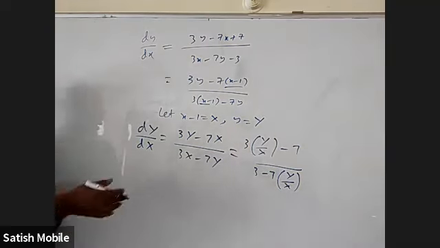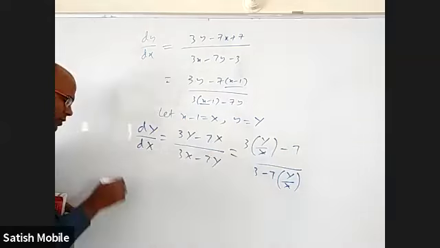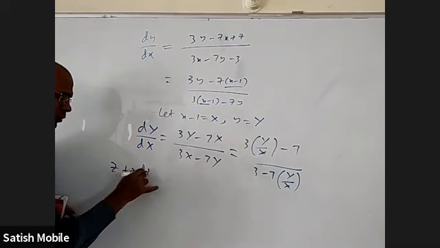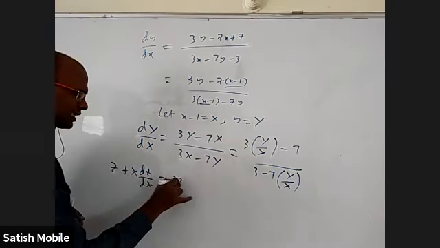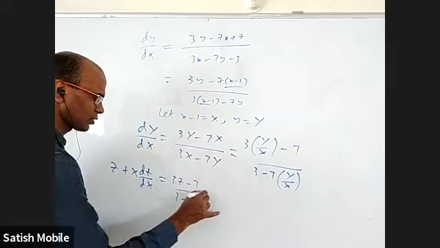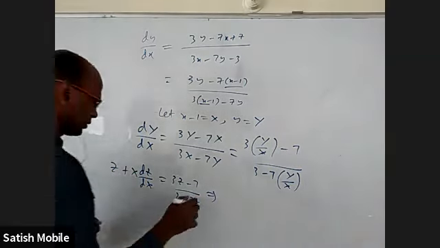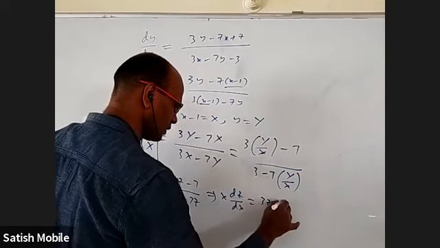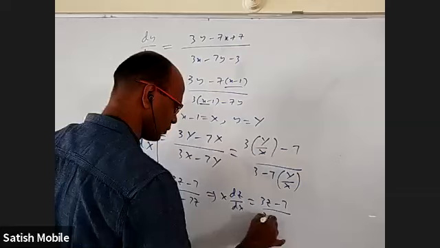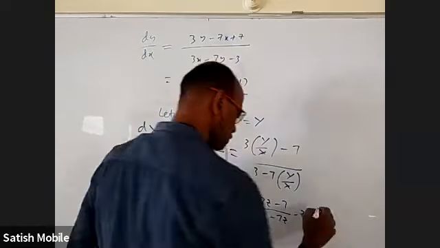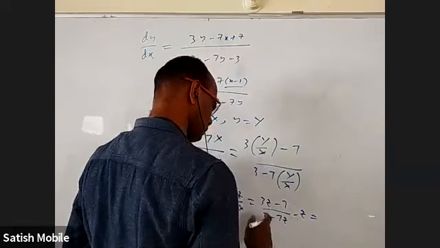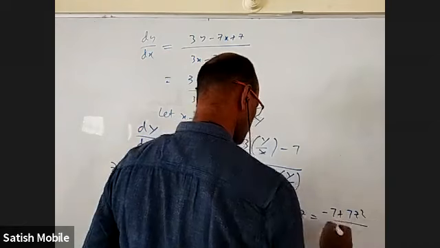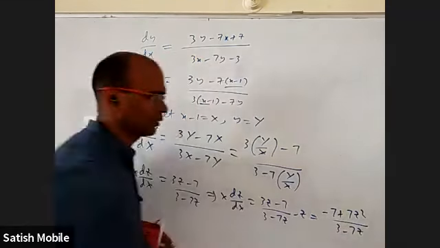Okay, now when I take Y/X as z, I get Y = zX. Differentiate: z + X dz/dX = (3z − 7)/(3 − 7z). Sending 7z·z to that side, X dz/dX = (3z − 7)/(3 − 7z) − z, which is: 3z − 3z got cancelled, −7 + 7z² over 3 − 7z.